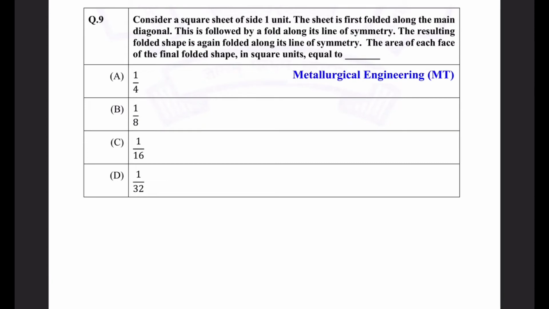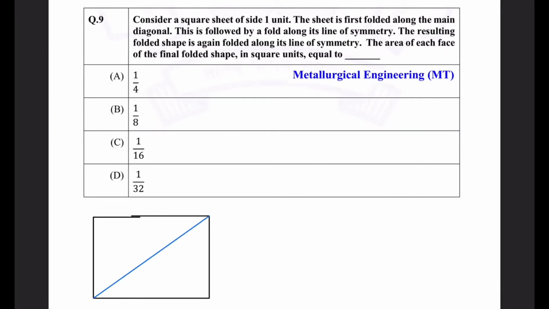Then consider a square sheet of side 1. Suppose this is a square and this square is folded around the diagonal. The diagonal will divide the square into two equal parts. Then the line of symmetry: in the case of an isosceles triangle, that will become the median.